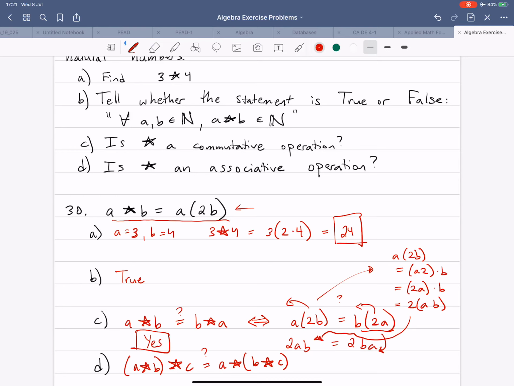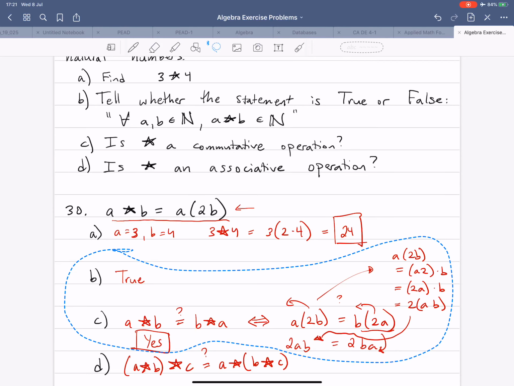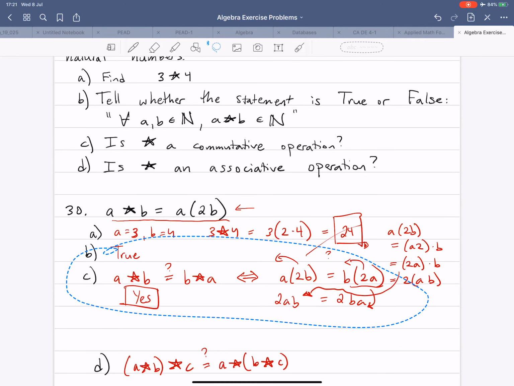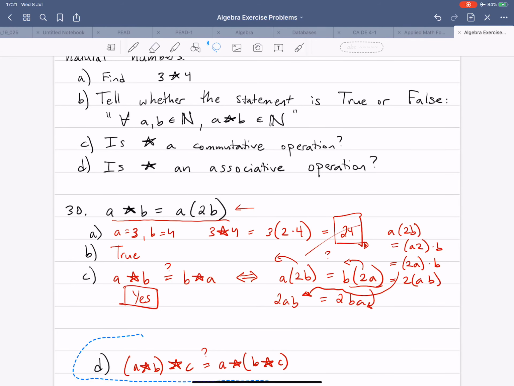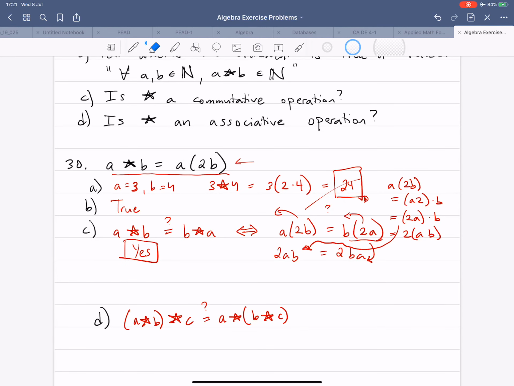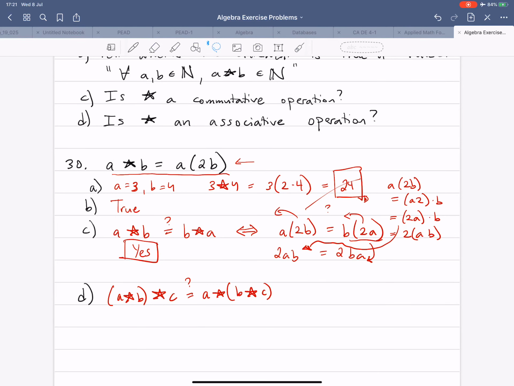We're running out of room a little bit, so let me make myself a little bit of room. Oh, you know what? I had all that room down there. That's okay. Now we have so much more room.